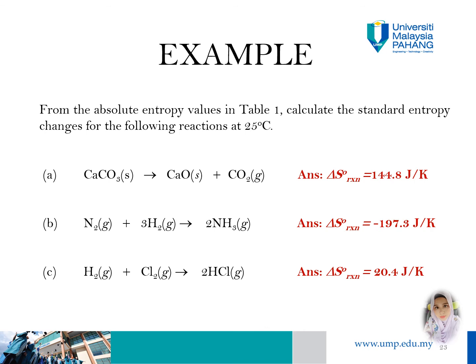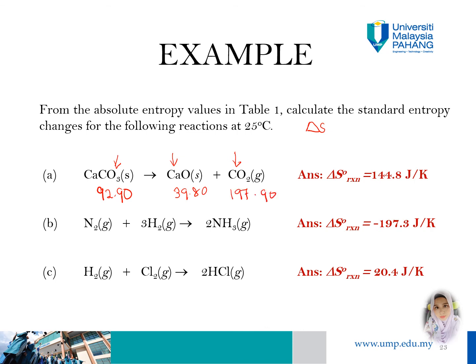The question asks you to calculate the delta S of the reaction. So you need to find delta S from the thermodynamic data. Given the thermodynamic data, the entropy value for calcium carbonate is 92.9, this one is 39.8 and 197.9.